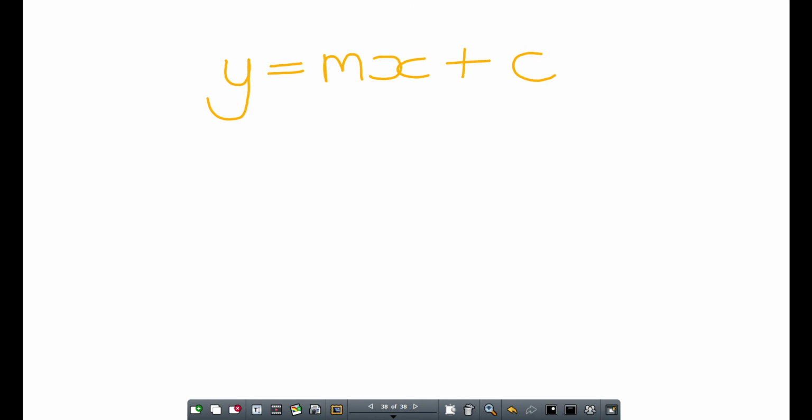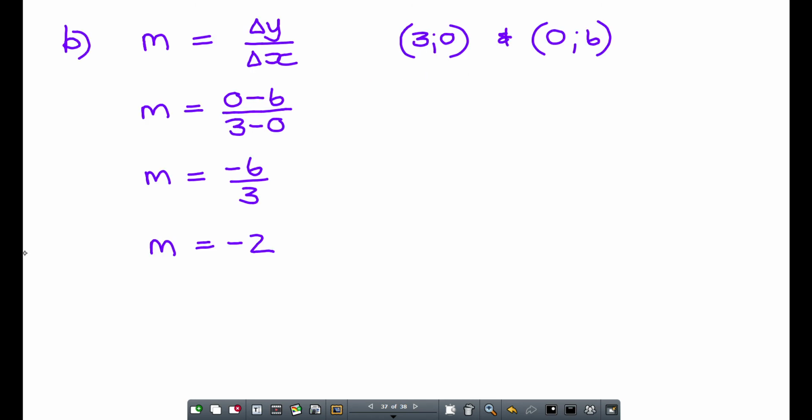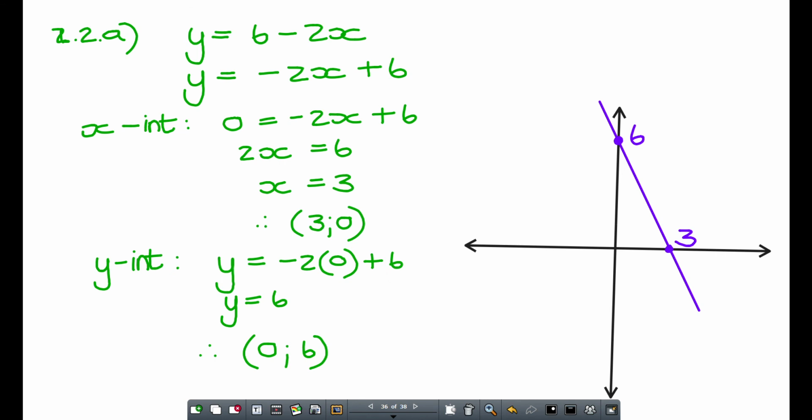Okay, now have a look. This was now done the other way around, but have a look. It cuts the y-axis at 6. And look, y is equal to mx and then plus 6. So can you see that plus 6 was actually gotten from there if you had the sketch and you had to give the equation? Do you guys see that?